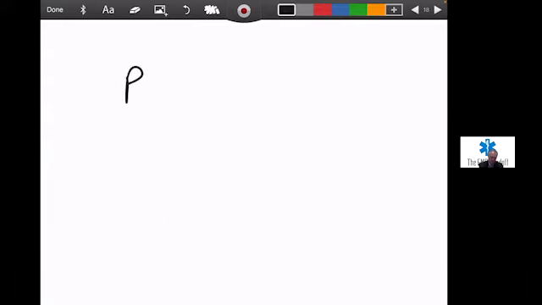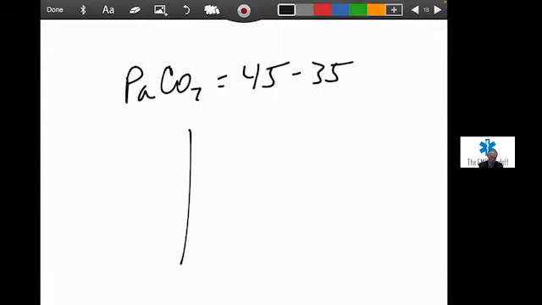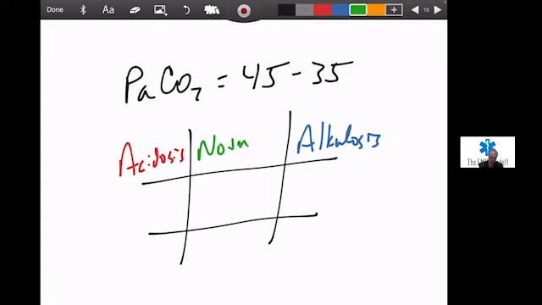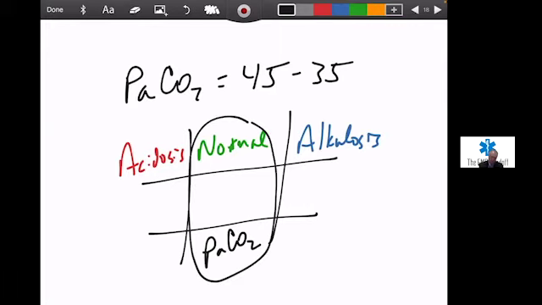So if the PaCO2 is between 45 and 35, we draw out our Tic Tac Toe board. Then we put our PaCO2 here because it is in the normal range.